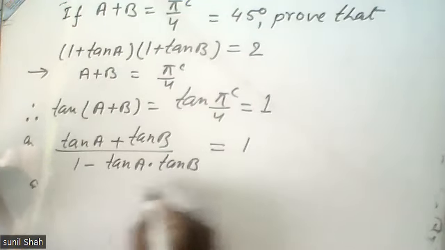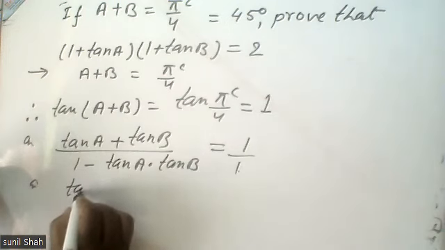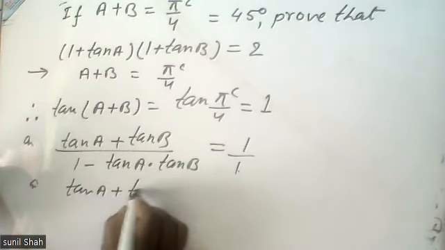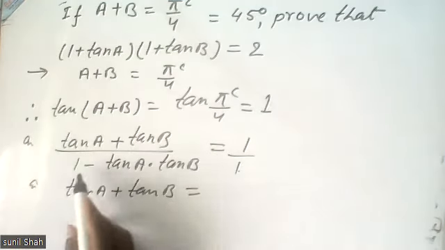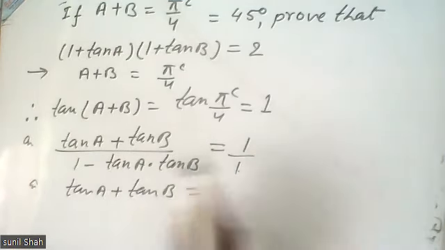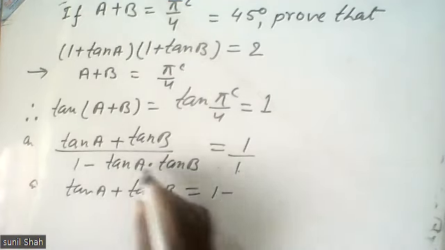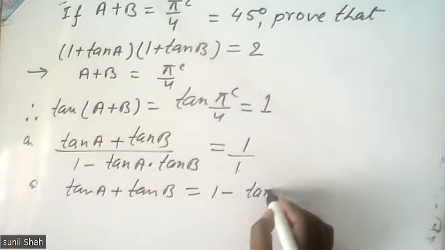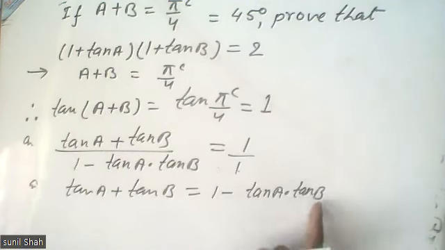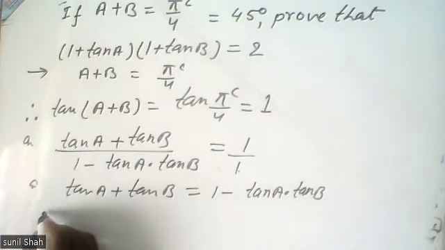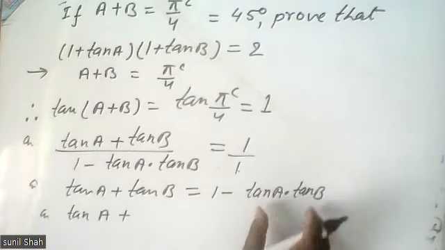Cross multiply again. This goes here and this goes that side. So tan A plus tan B is equal to, multiply this denominator by 1, it remains same, 1 minus tan A into tan B. Bring this to this side.